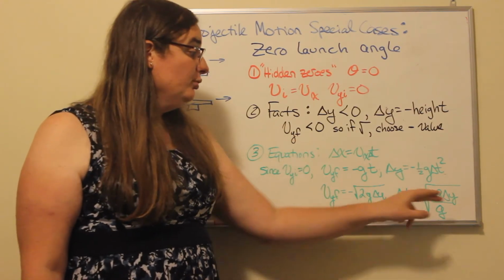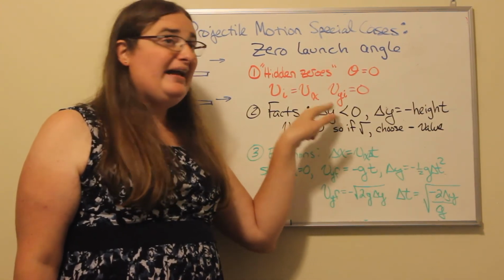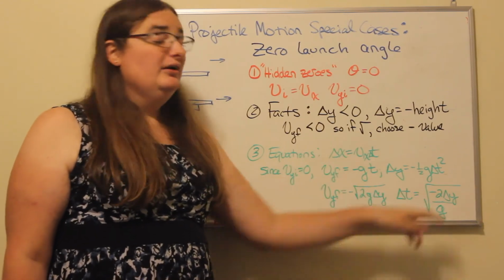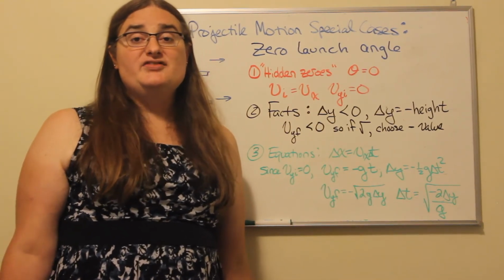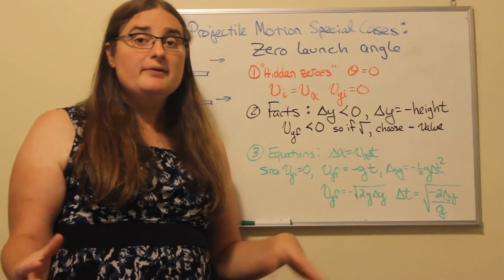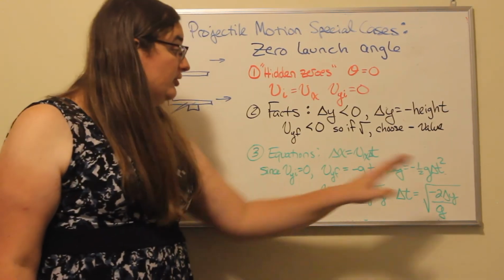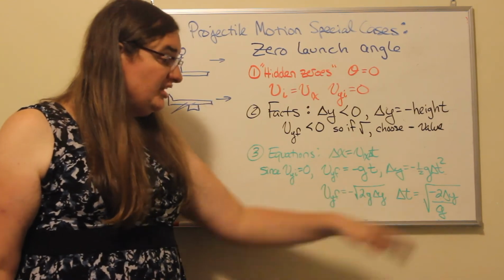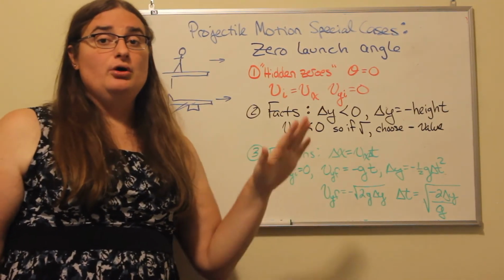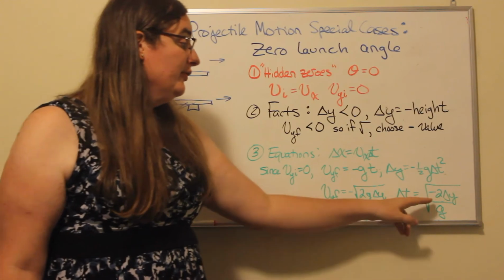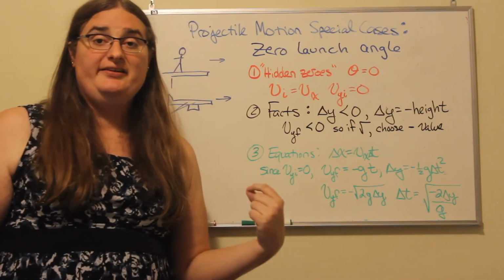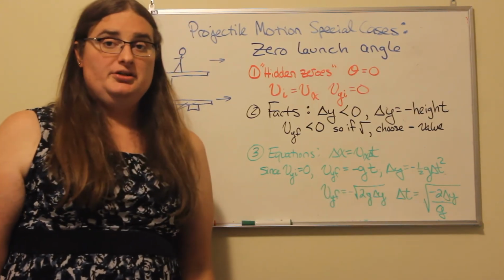This is where it's important to remember delta y has to be negative. We can't take a square root of a negative number and get real results, and motion is all about working with real numbers. So g is always a magnitude, always a positive value. We already accounted for the negative sign in the acceleration with our equation.